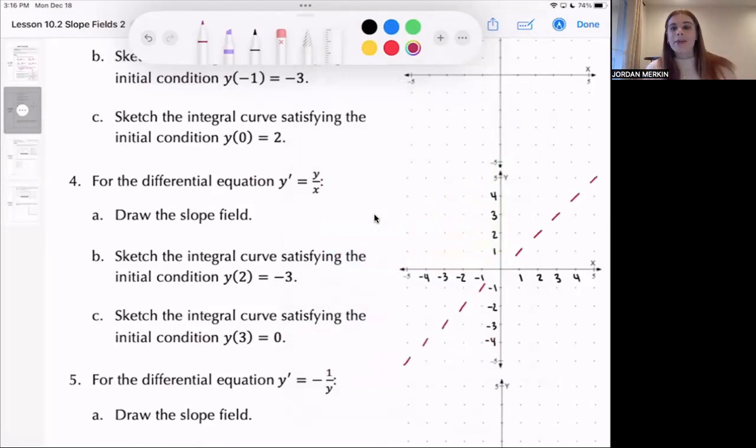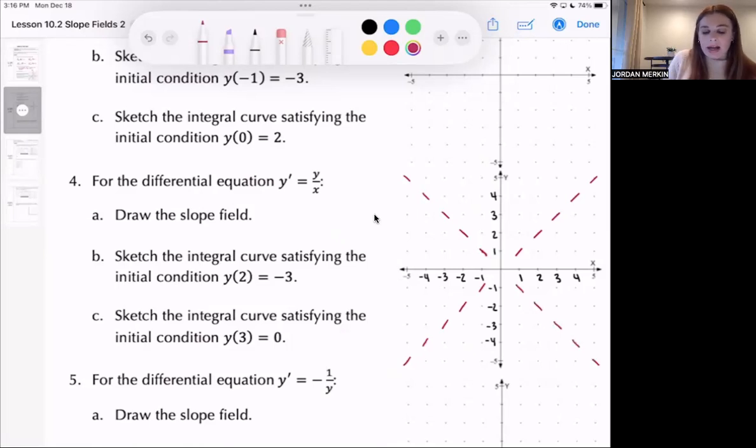Now, anytime they're opposites but the same in absolute value, you're going to get -1. Like this point right here at (-1, 1), well, 1 divided by -1 is -1. So you're going to get -1 slopes, and it's going to look kind of like an X. So we can fill those out.